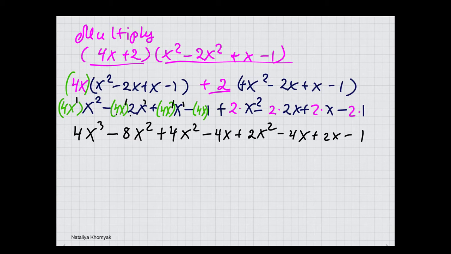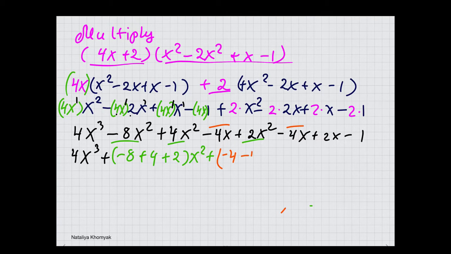And we have some like terms. So we have no more x to the cube, so it's a 4x^3 plus -8, positive 4, positive 2 of x to the second, plus -4, -4, positive 2 of x.